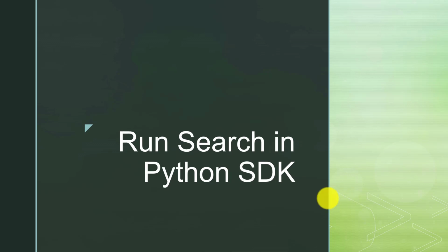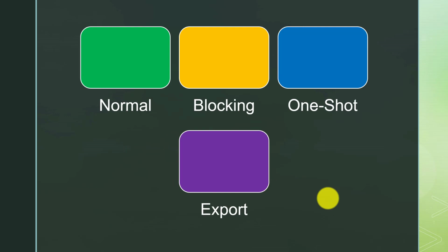Now, when we talk about running a search using the Python SDK, we need to understand the different search modes available. There are 4 different modes by which you can run a particular search: normal, blocking, one shot, and export.